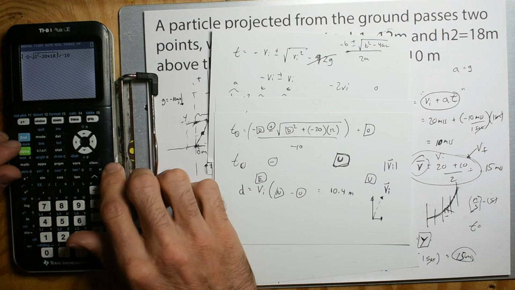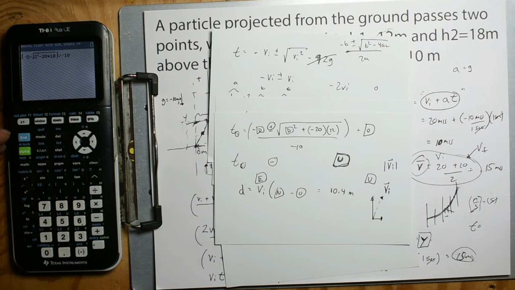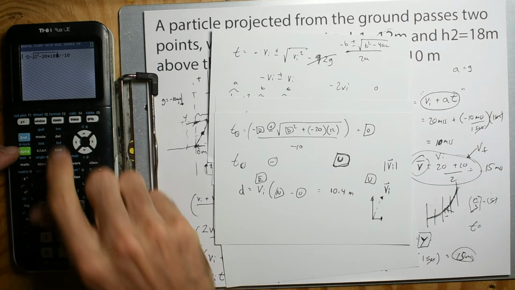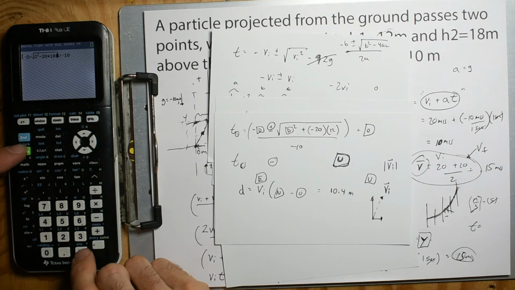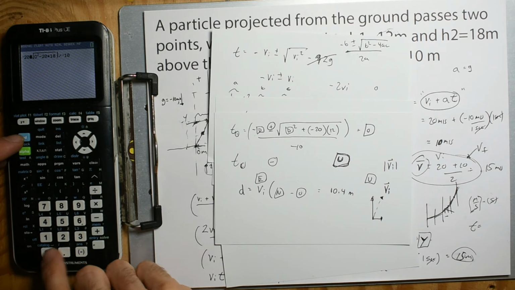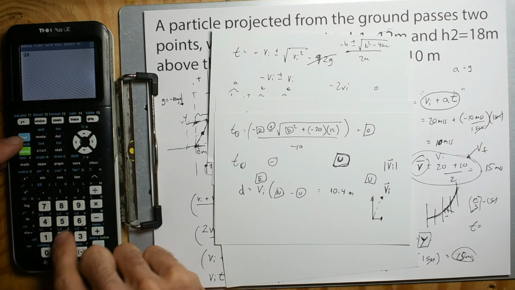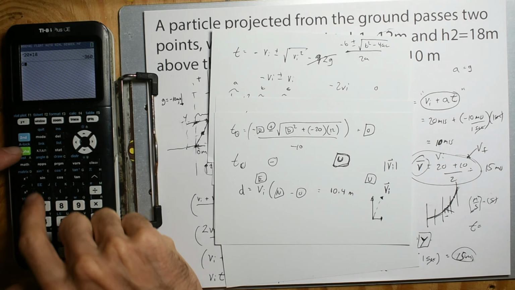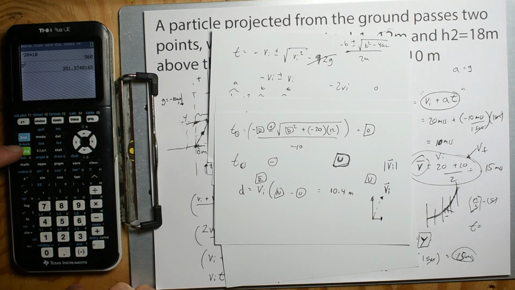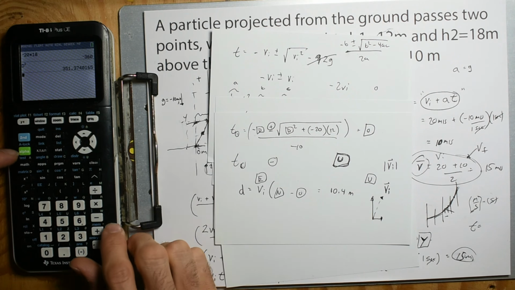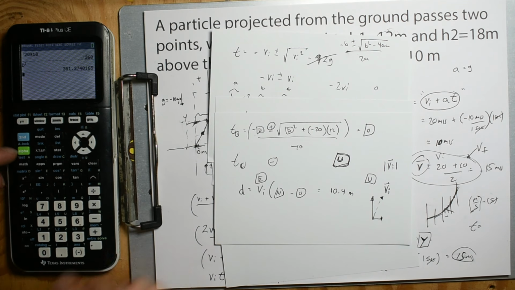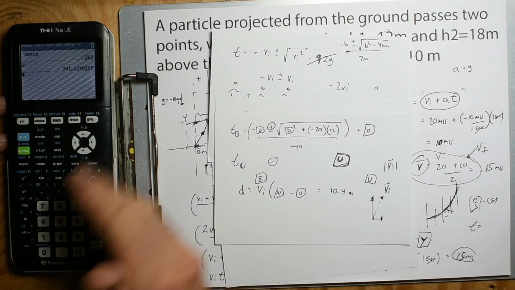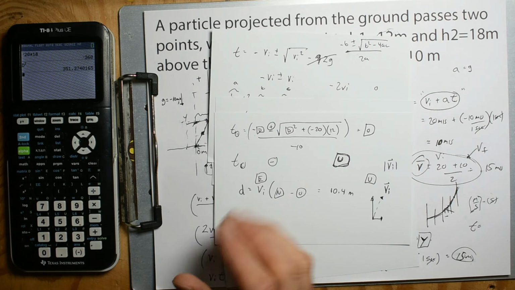Nope. So this is negative 20 times 18. So we have negative 20 times 18 is negative 360. Alpha d squared is less. So we might be stumbling across where it's maximized.